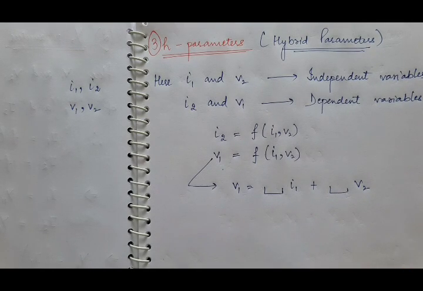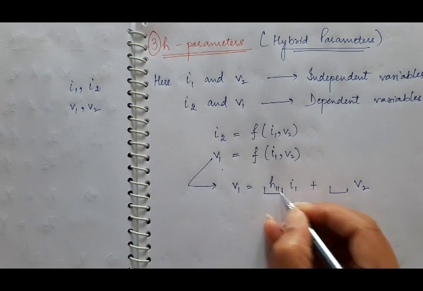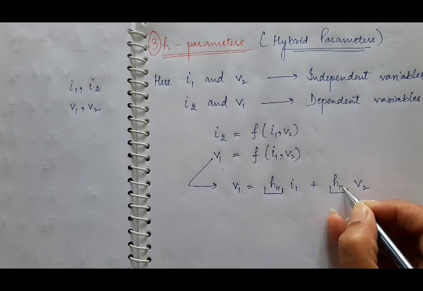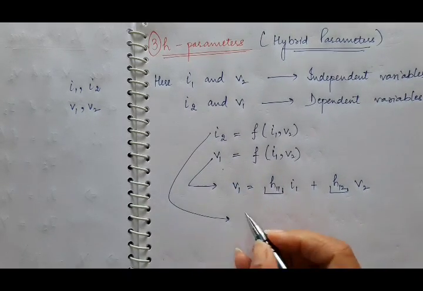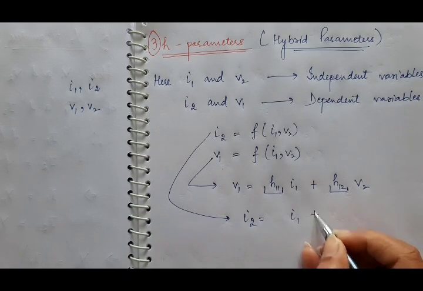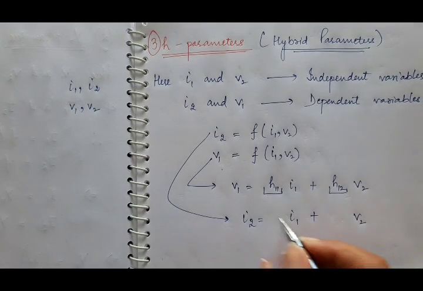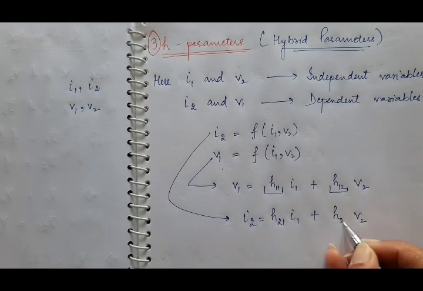And what are these coefficients? They are H parameters, hybrid parameters. So it will be H11 and H12. Similarly, I2 will be a linear combination of again I1 and V2. So what will be the coefficients? Here we will have H21 and here we will have H22.